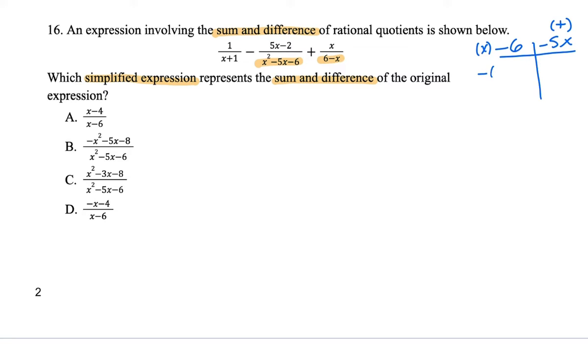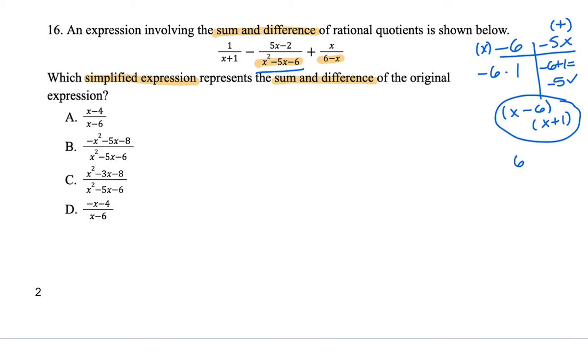I'm going to go ahead and just say -6 times 1, because -6 plus 1 is going to give me -5. So that means that the factors here are x minus 6 and x plus 1. So instead of writing x squared minus 5x minus 6, I'm going to be using these two factors right here.